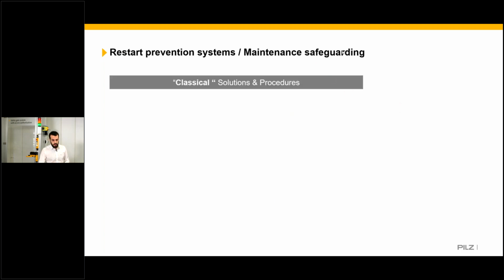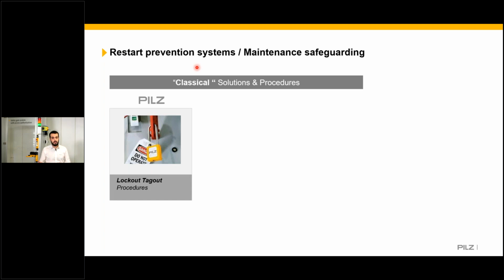But you can, of course, tell me that there exist other restart prevention systems in the market, and we took and classified the classical solutions and procedures and our key in pocket solution, and we would like to explain why. Okay, so in the classical solutions and procedures, we have the local backup systems.